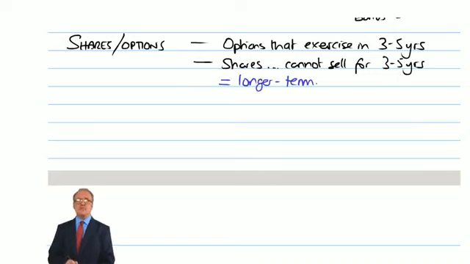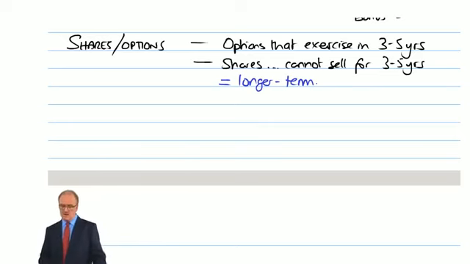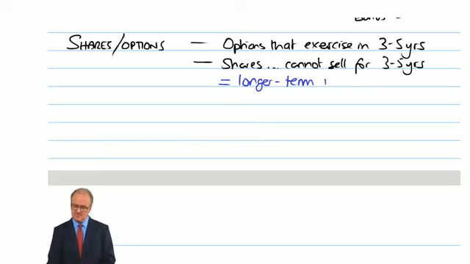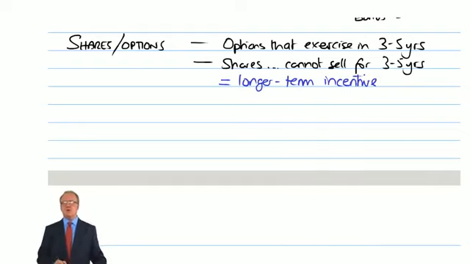And if we want good governance to mean longer term company performance, then these long-term investment plans, often called LTIPs, are going to help in that regard.